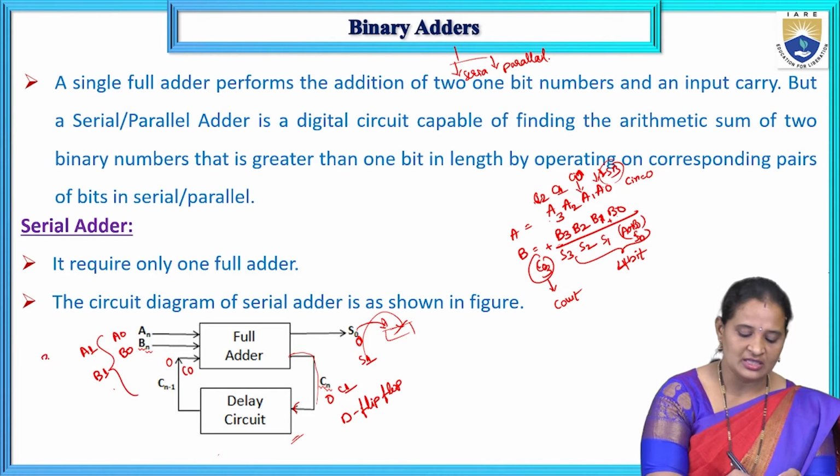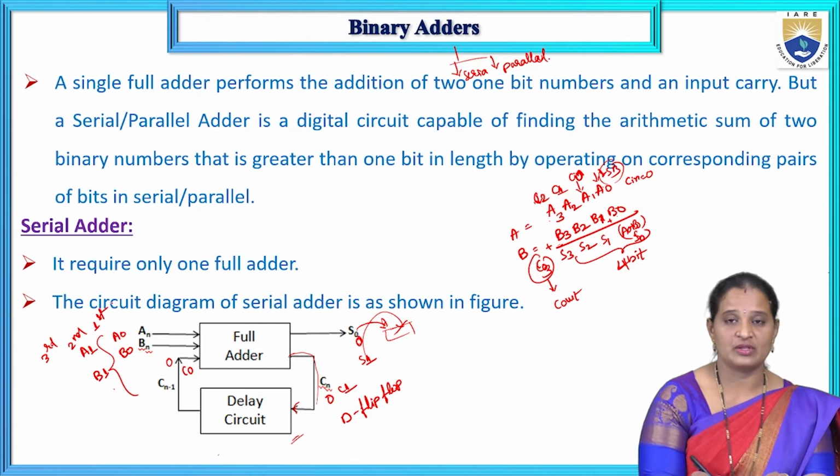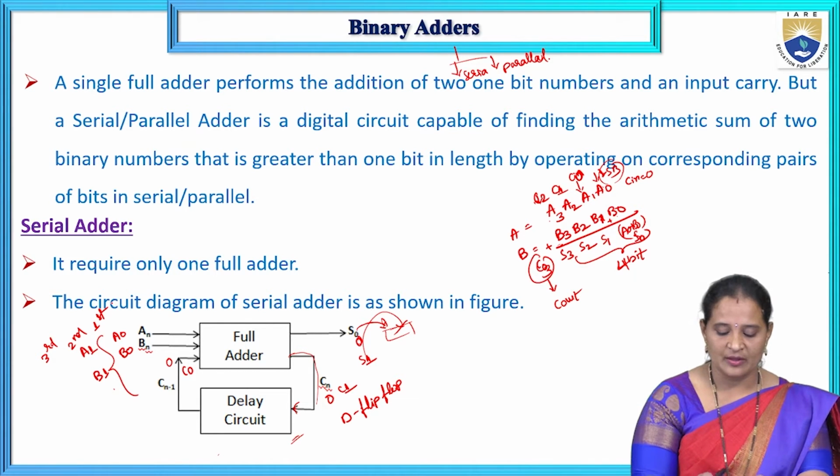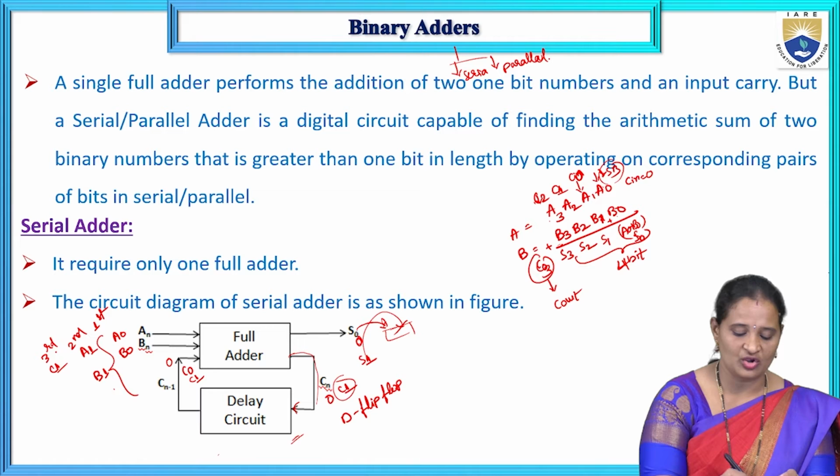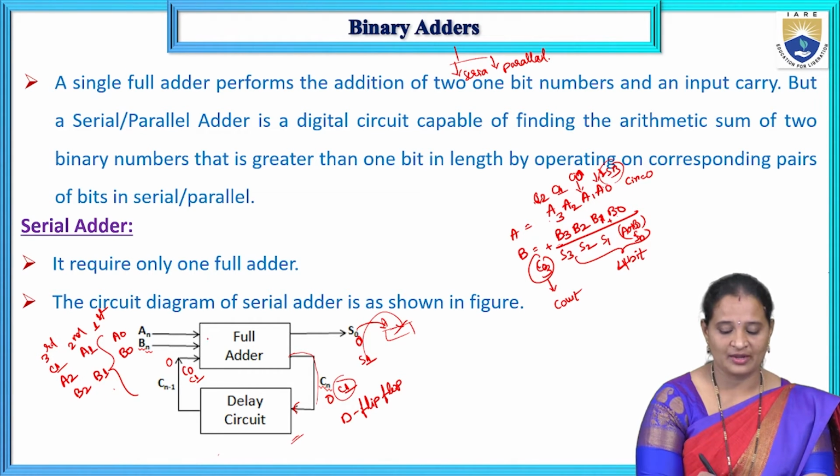During the third clock pulse, the delay circuit outputs the carry, that is C1, which is given as input to the full adder. C1 is a carry input which is already stored in the delay circuit, and now the third bits, that is A2 and B2, are applied to the full adder.